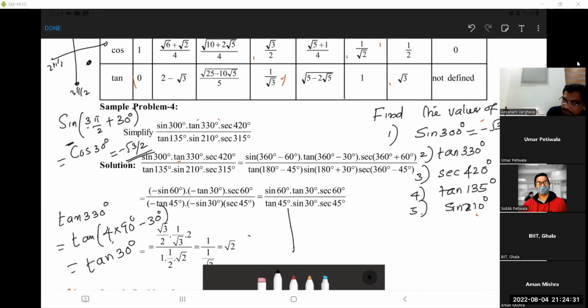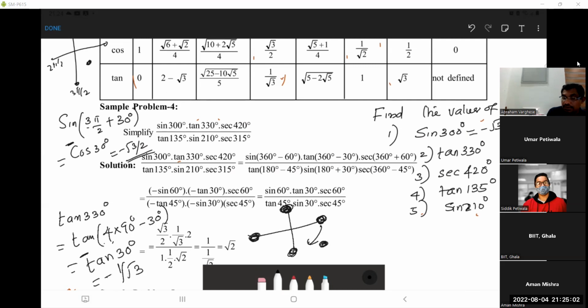Now look at which quadrant it lies in. This is 1 into 90, 2 into 90, 3 into 90, 4 into 90. Minus means anti-clockwise, so again it is in the fourth quadrant. In the fourth quadrant, tan is negative. So this is minus. Therefore, this value will be equal to minus 1 by root 3.